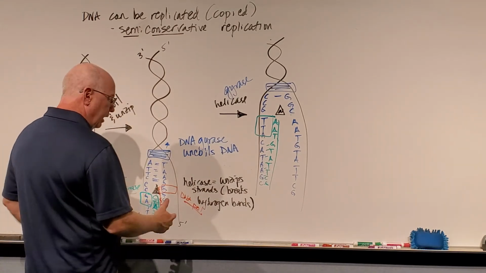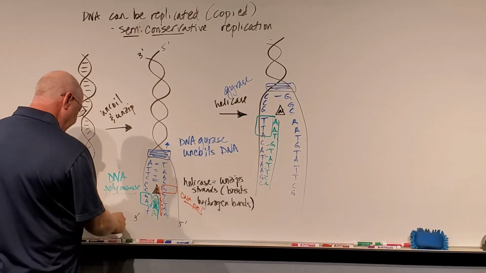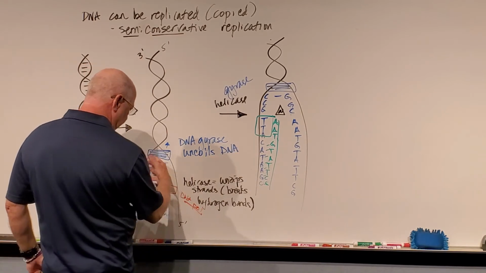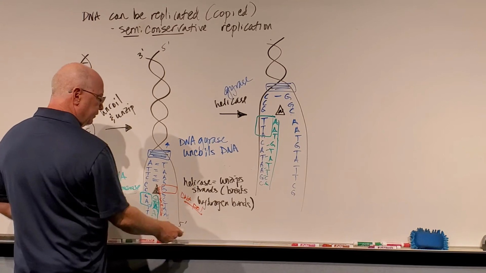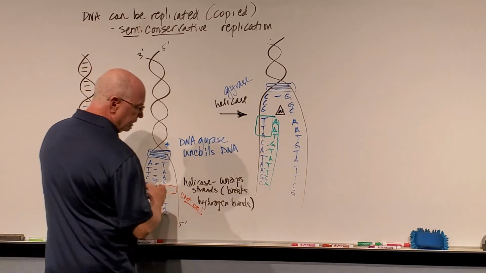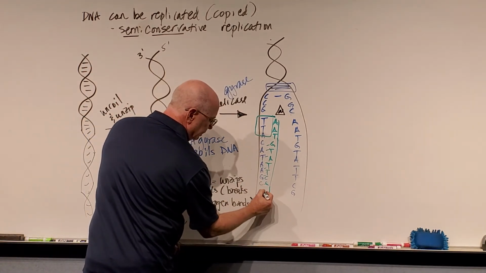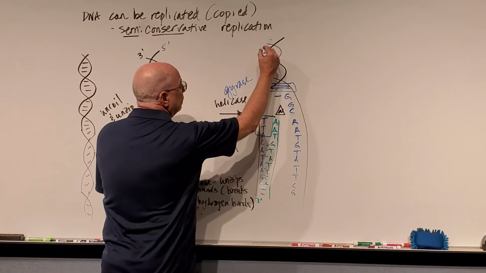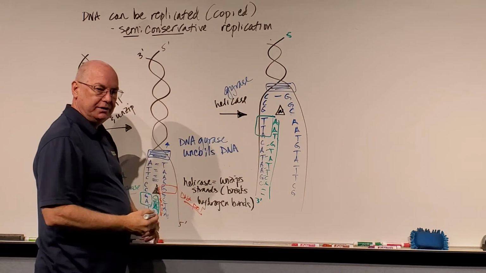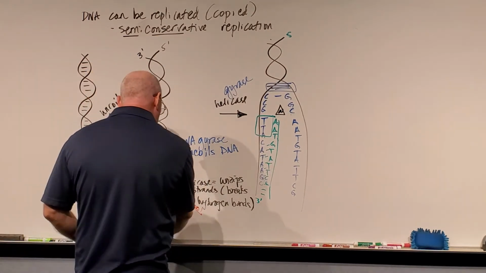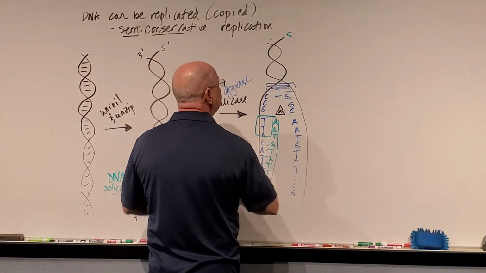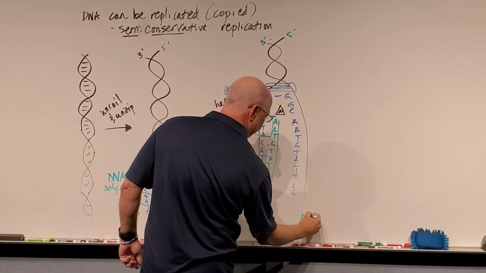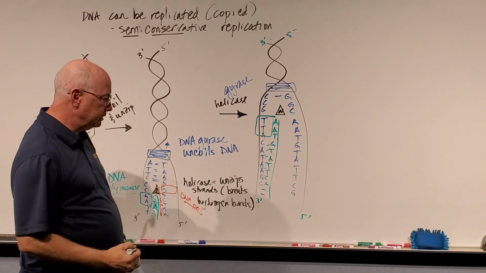Suffice it to say that this strand is being copied in one direction, from 3' to 5' on one strand. The other strand is being copied from its 3' end to its 5' end, because that's the direction that these enzymes can read.